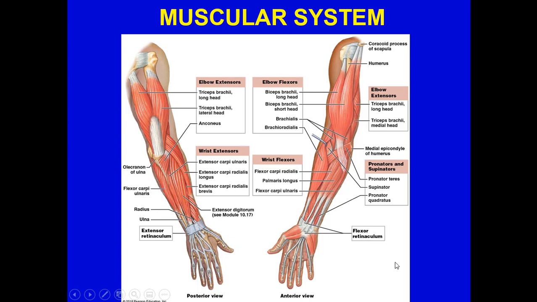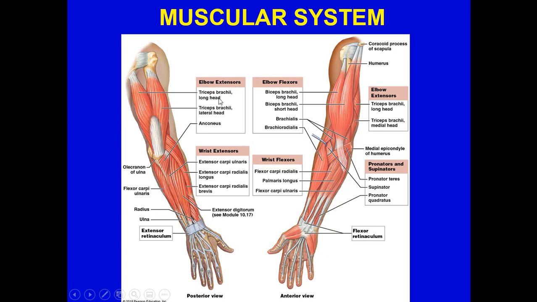If you look on the anterior view, here is the flexor retinaculum. If you remember situations of carpal tunnel syndrome, we're going to go over that in a minute. But let's go over the extensors and the flexors, the pronators and supinators, okay?